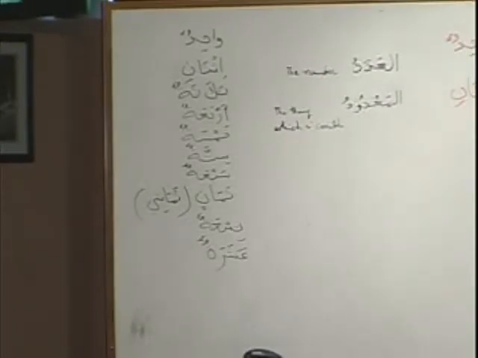Is it Hamzatul Qata or Hamzatul Wasal? It is Hamzatul Wasal. We have to take note of it. That in Ithnani, the Hamza is Hamzatul Wasal. If it comes in the beginning, it is pronounced. If it doesn't come in the beginning, then it is assimilated. Are you with me? We have to remember that.